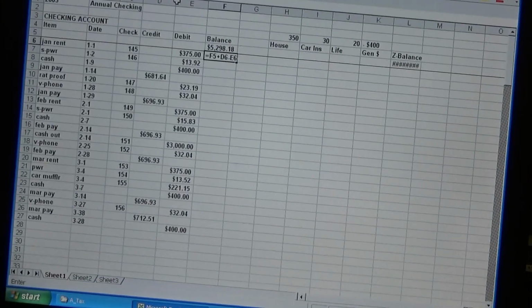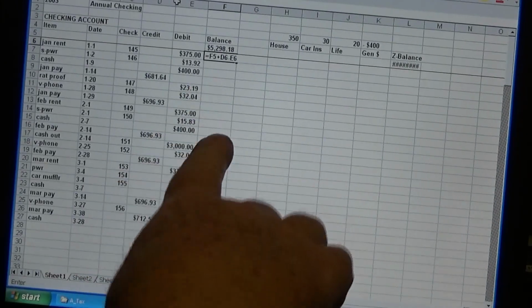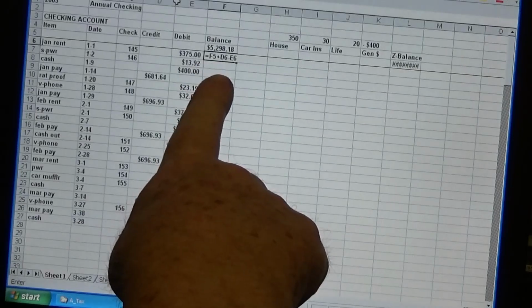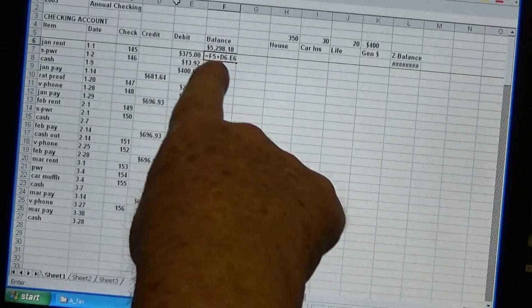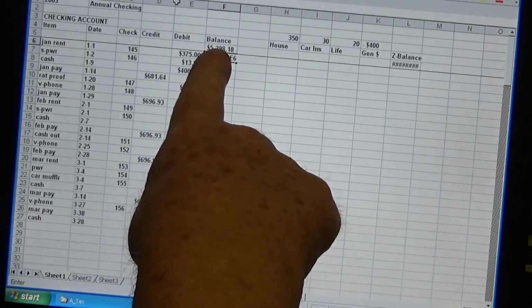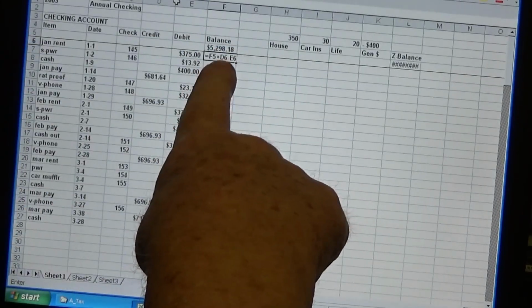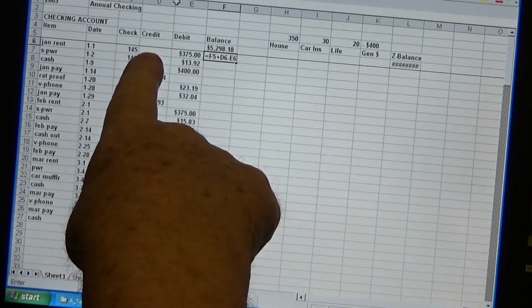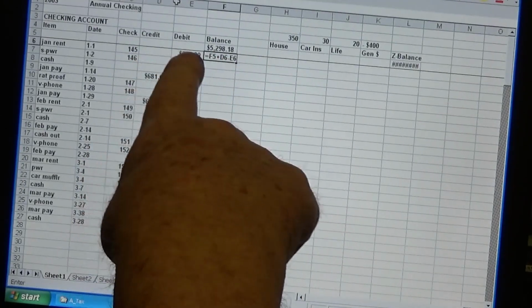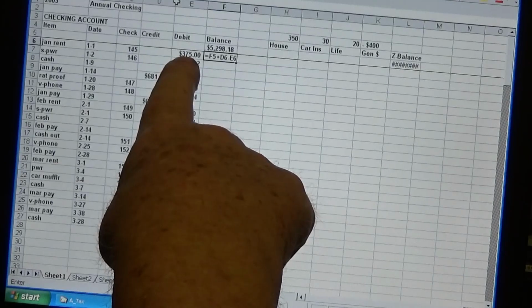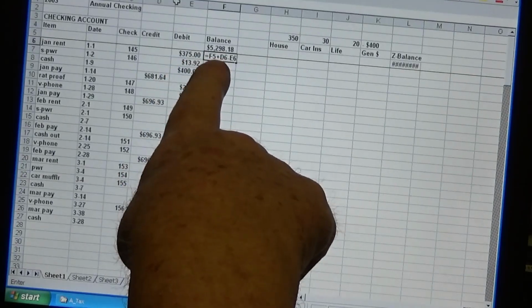I have 3 months of data in here. Now to have the spreadsheet do the balancing for me, I'm going to use the formula F5, which is the balance to begin with on line 5, plus D6, which is the credit for the current line, minus E6, which is the debit for the current line.